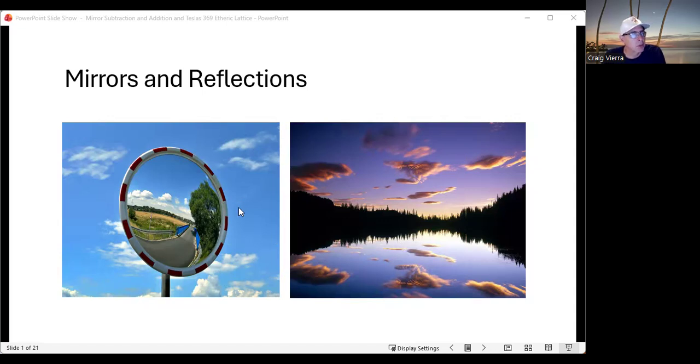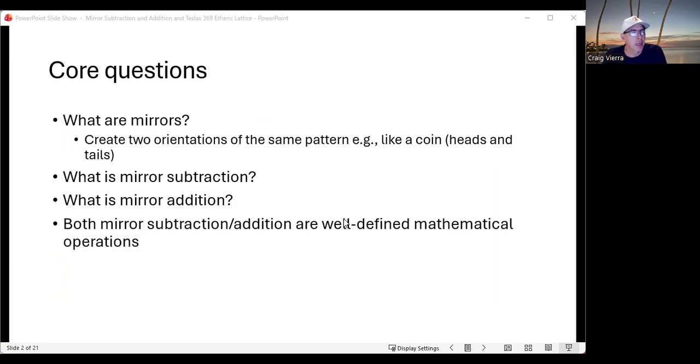Mirrors you might look at when you're getting ready to go somewhere. I'm going to be talking about mirrors and reflections quite a bit with the utilization of numbers. So let's look at what mirrors mean and how they're going to reflect the numbers, the geometry that I've been looking at.